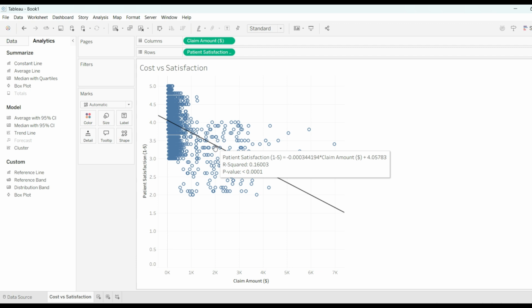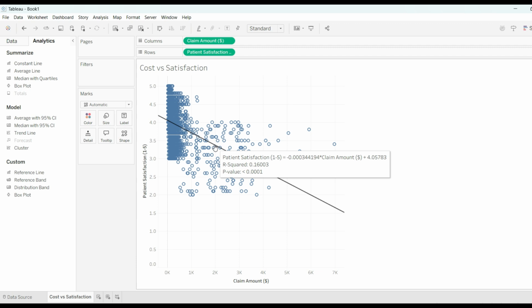What Tableau did here is compute the equation that minimizes the distance between the line and every data point. In statistics, this is called ordinary least squares regression. Remember, I just said that. That statistics hat had to be on really tight; somebody said it's been 15 years since they took a statistics class.